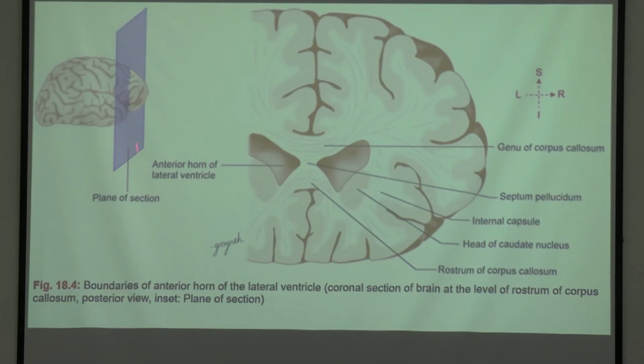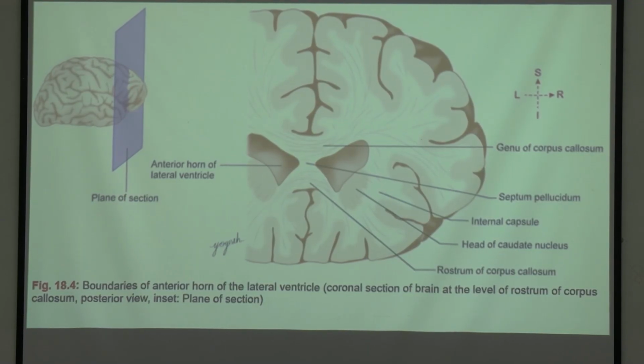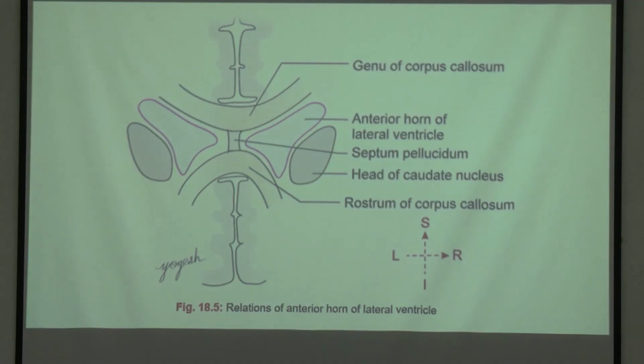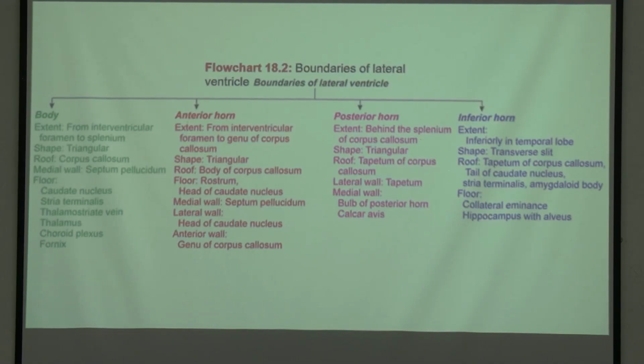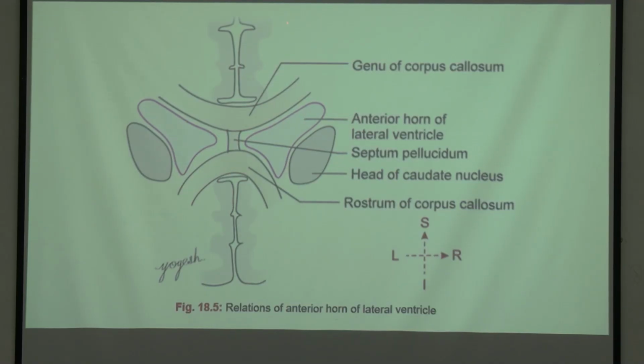This is the part of the anterior horn, which is present within the frontal lobe. If it is a cross section of the anterior horn, what can we find? It has a roof, which is formed by the genu of the corpus callosum, and this is the floor.